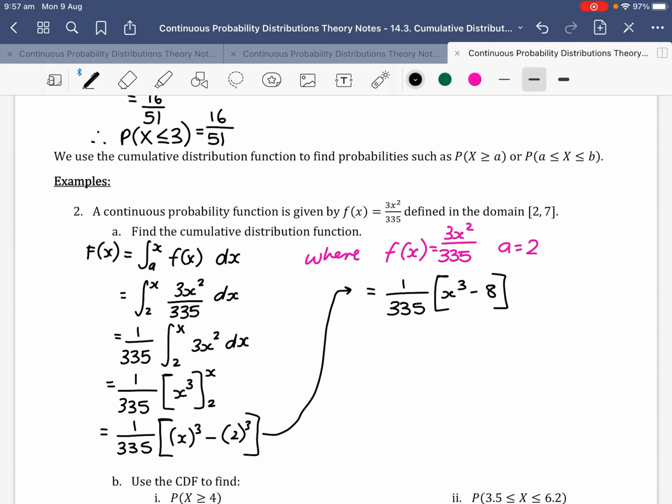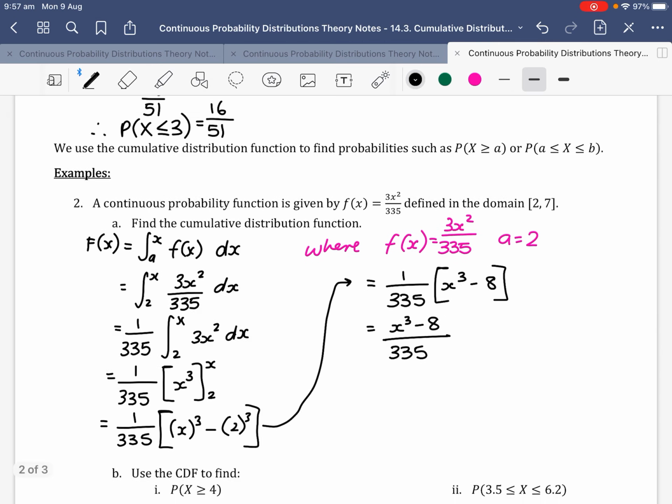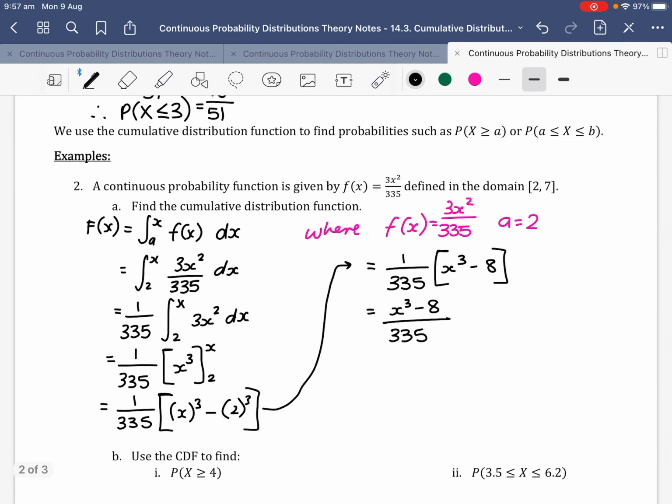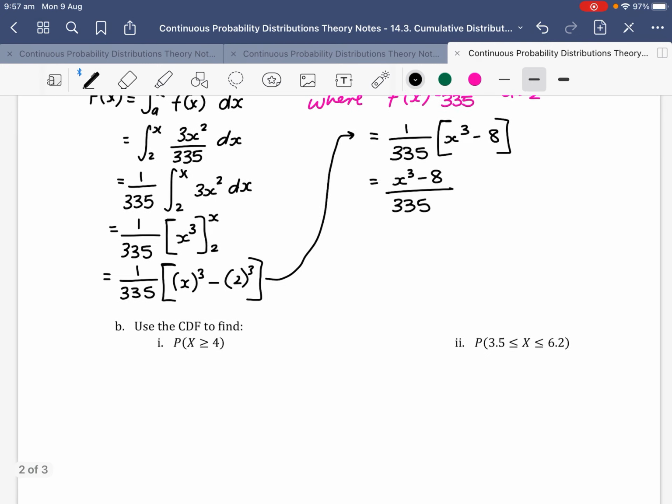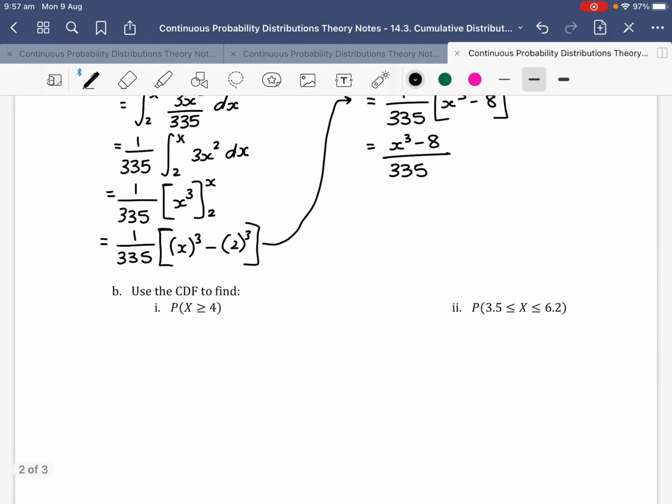Then we put this all over 335, so we have x cubed minus 8 over 335. That is what our F(x) equals, our cumulative distribution function. Now we want to use our CDF to find the probability that x is greater than or equal to 4.